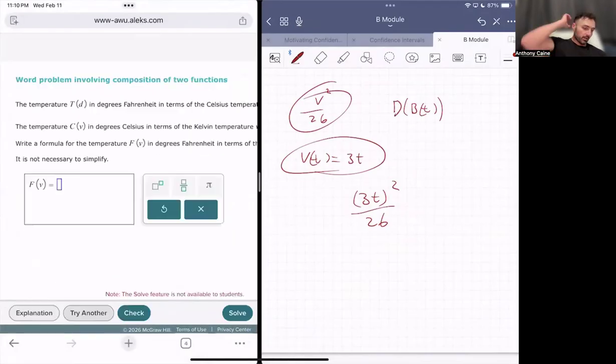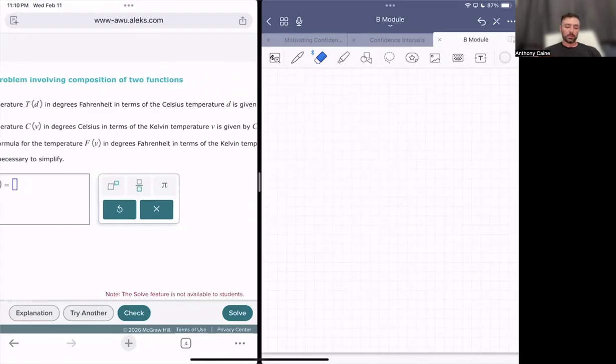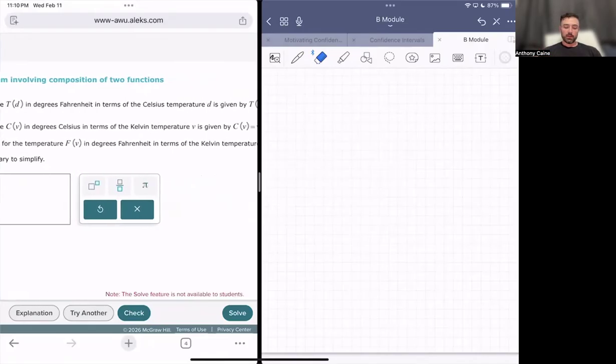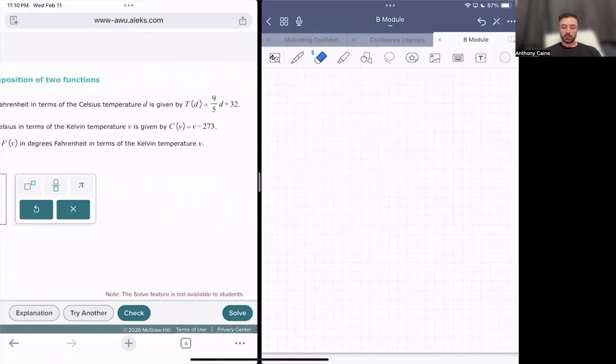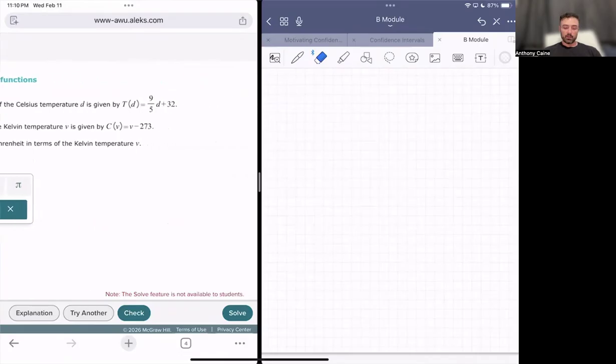Whatever. Let's try another. They name these things silly to try and trick you, but you just want to let the objects guide your thinking. So temperature in degrees Fahrenheit in terms of Celsius is that. And the temperature in degrees Celsius in terms of Kelvin is that.